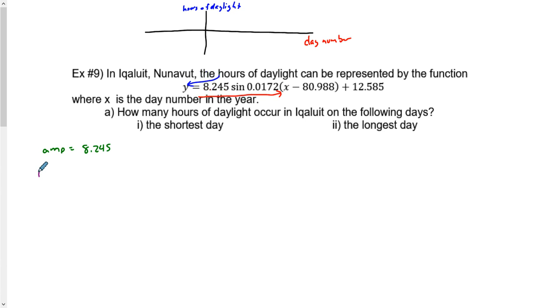Our period is going to be 2 pi divided by 0.0172. And what does that come out to be? So 2 pi divided by 0.0172.